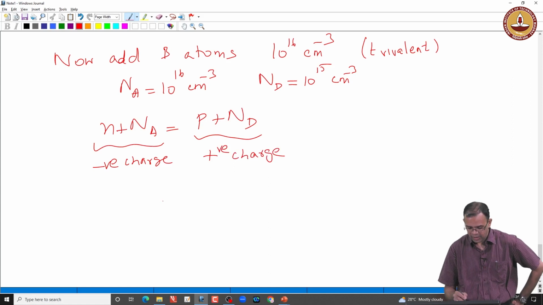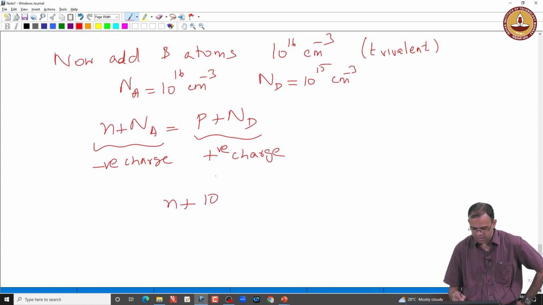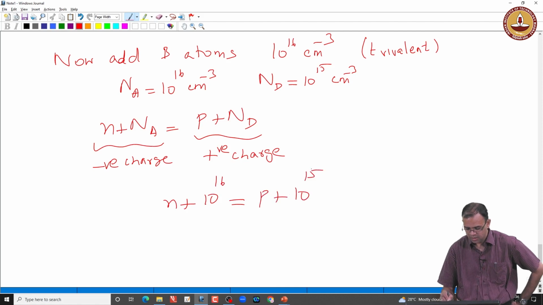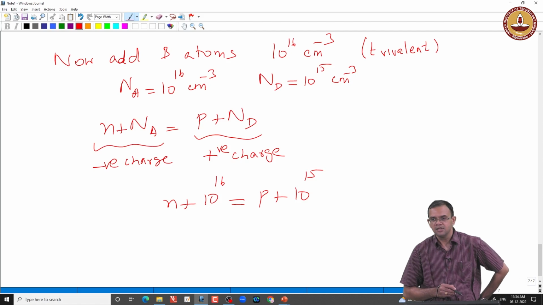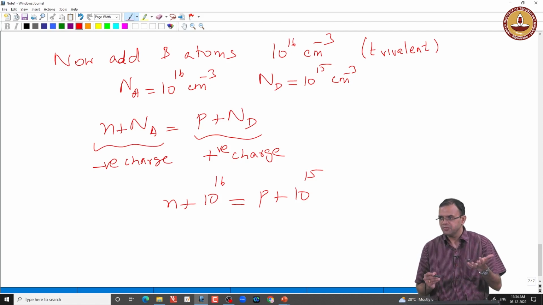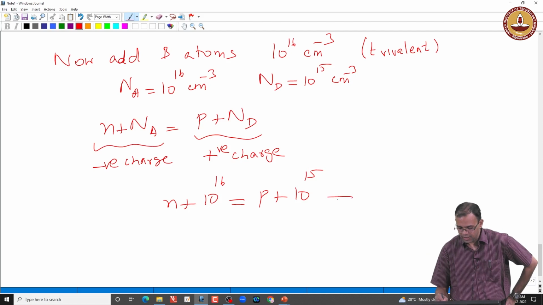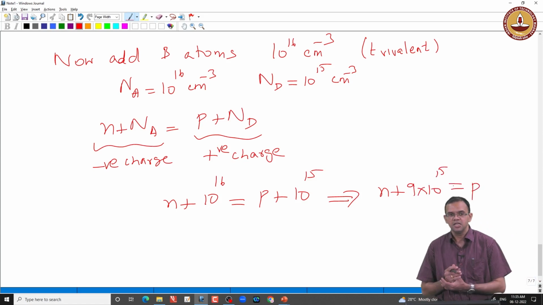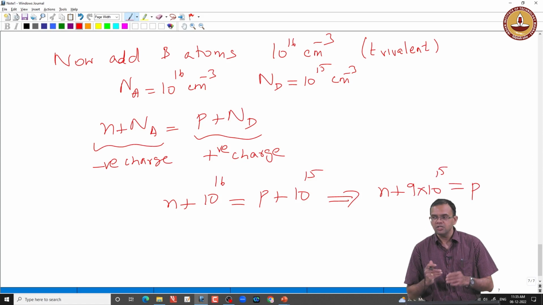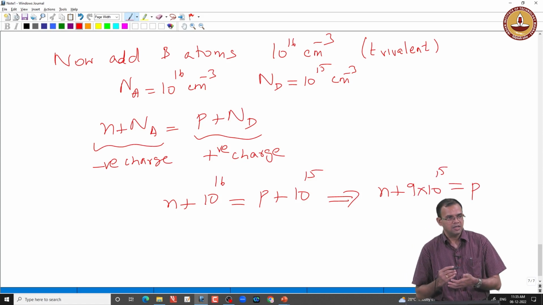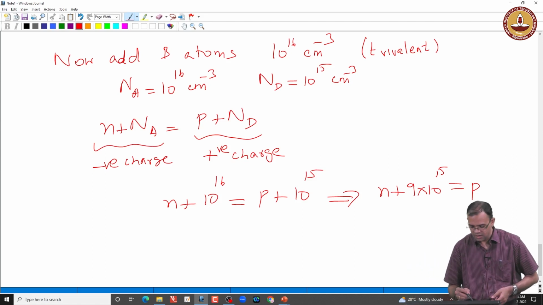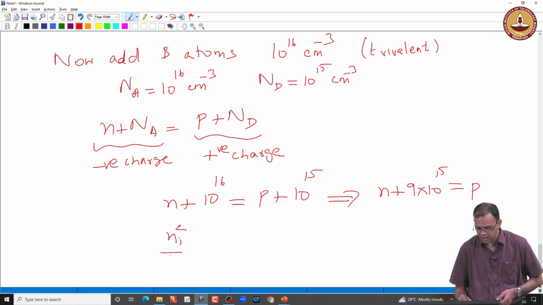So N plus 10 power 16 is equal to P plus 10 power 15. There is more boron than antimony, so I can write this as N plus 9 times 10 power 15 is equal to P. Because there is more boron than antimony, the net effect is that this is a p-type semiconductor. So I can write this as Ni square by P.